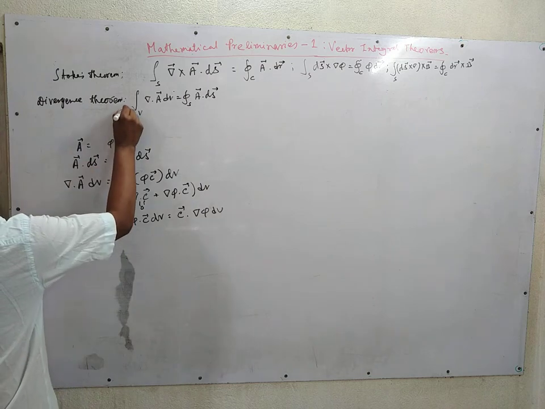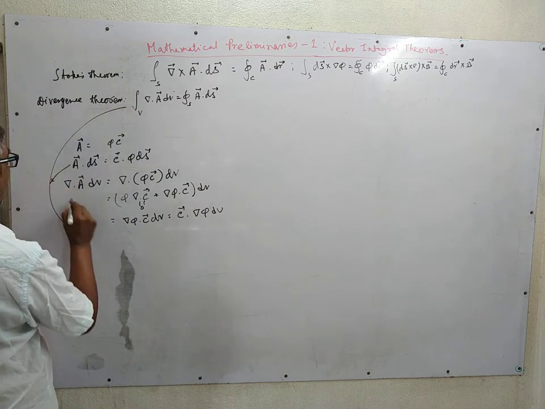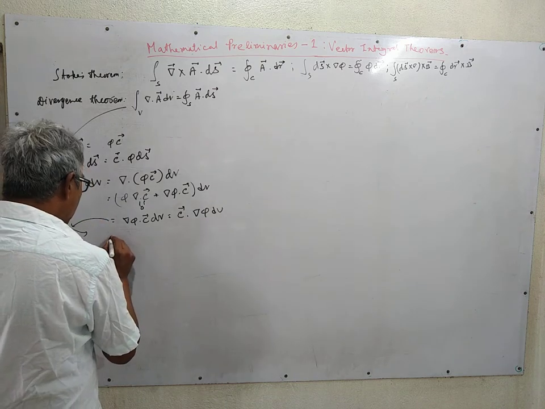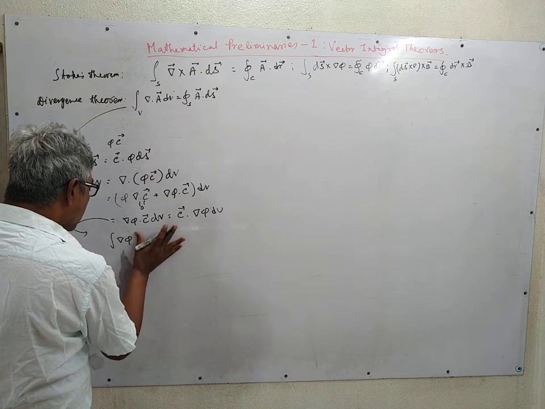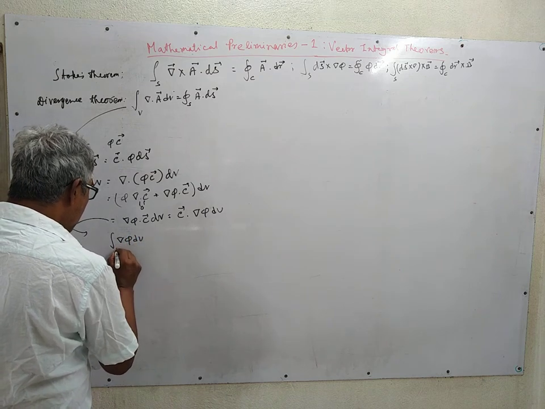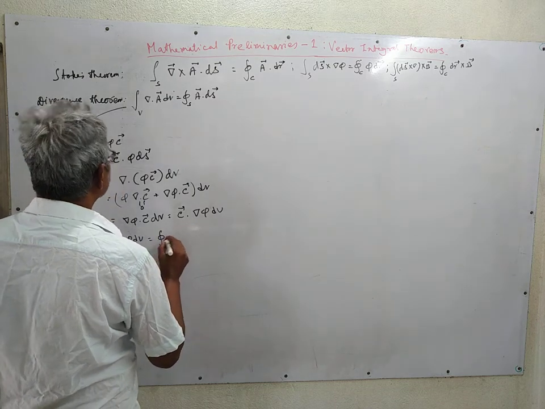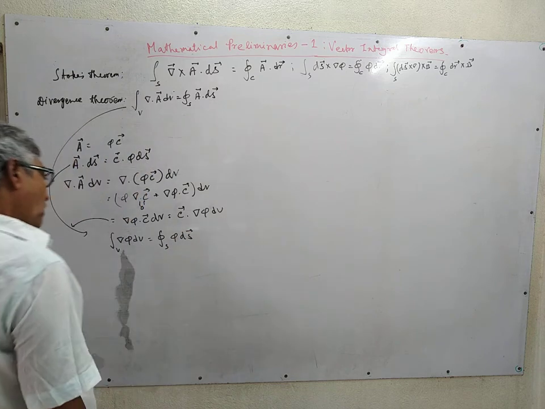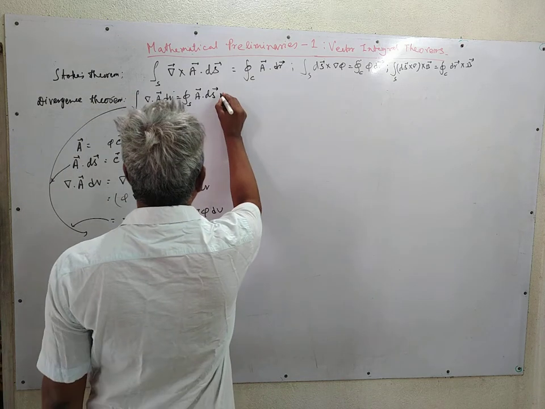And the theorem becomes closed surface integration phi ds. This form of divergence theorem can directly be applied on a scalar point function.